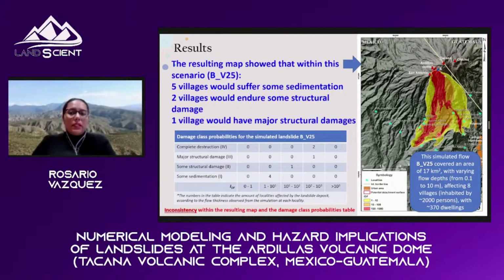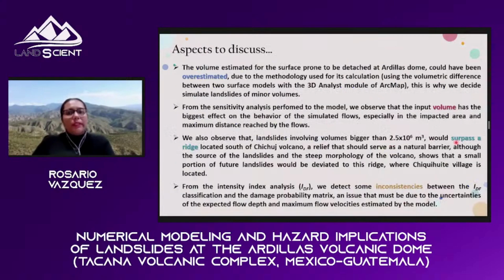And within these villages, there are also constructed at least 370 dwellings that could be impacted in some extent by a landslide like the one we're showing here.